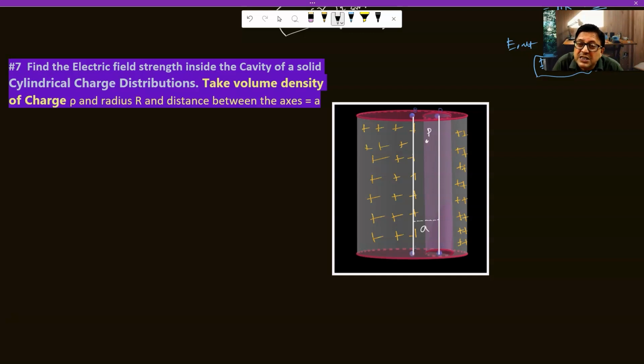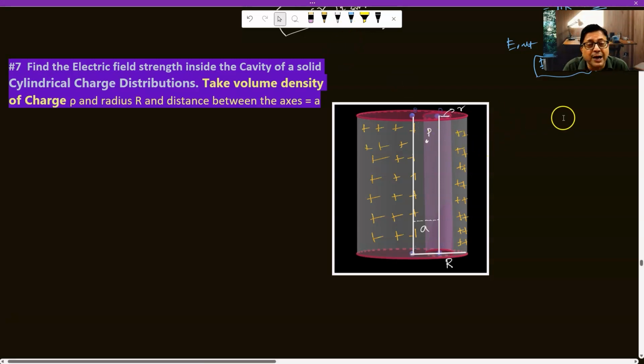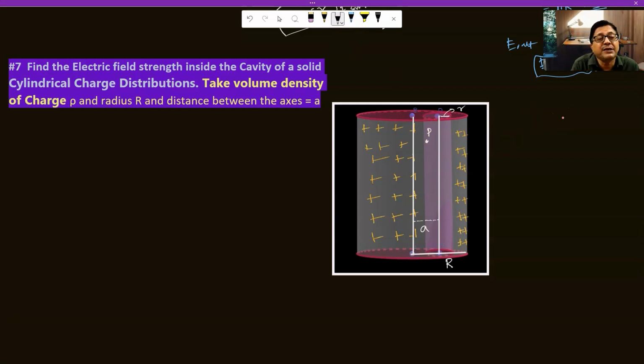A cavity can be thought of in this manner also. Imagine the cylinder is fully charged. This cylinder has some radius, say R. This cavity has some smaller radius, say r. So how do we discuss the superposition principle? We first assume the cylinder is charged with volume density rho.